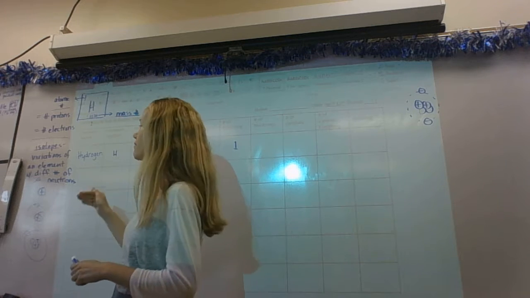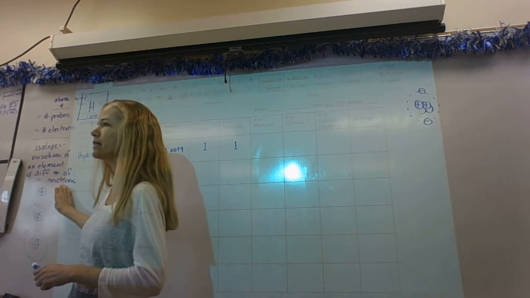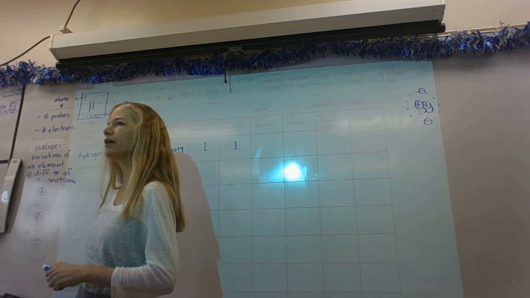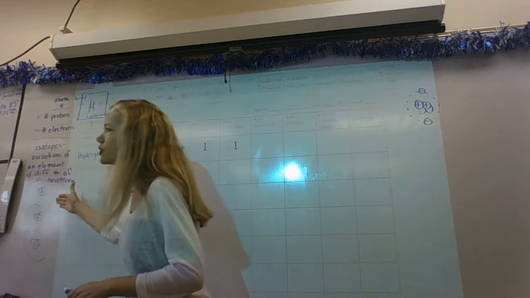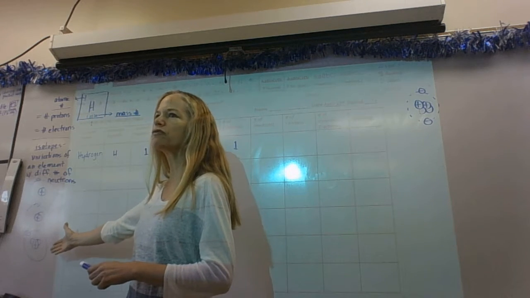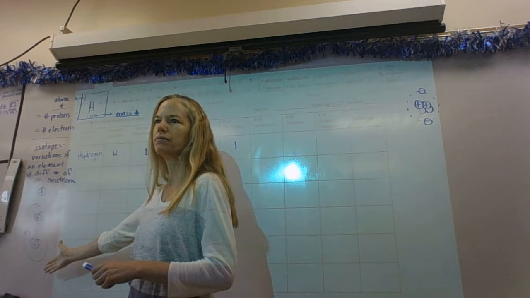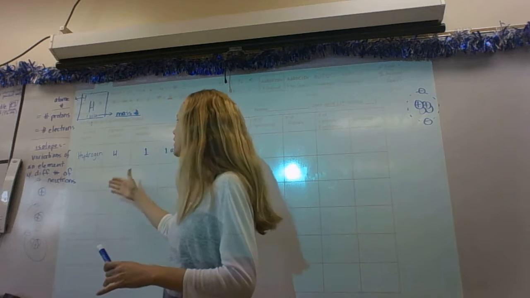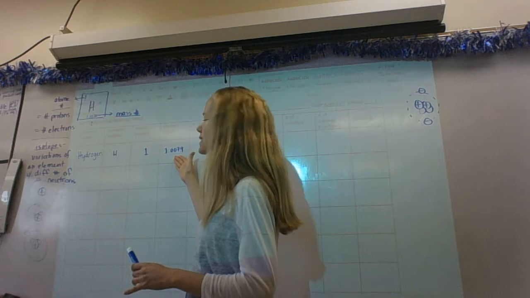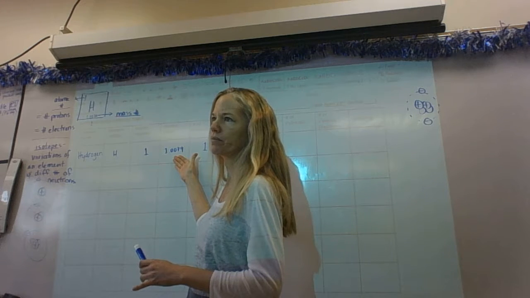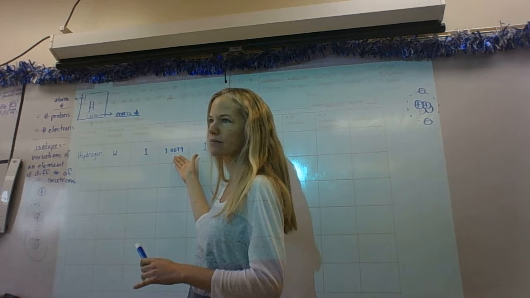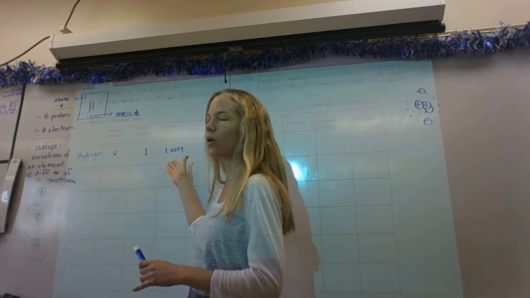The first one, very good. This is very, very common. These other 2 are extremely rare. So if you were to average all of the atoms in the universe of hydrogen together, you would get this mass number. Okay, does that make sense? That's why it's not a whole number.